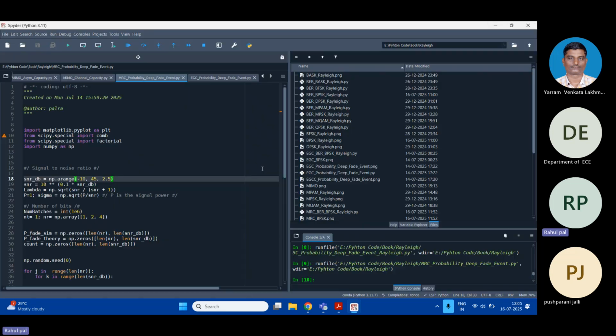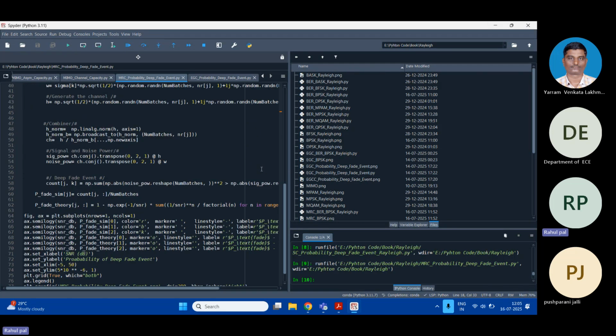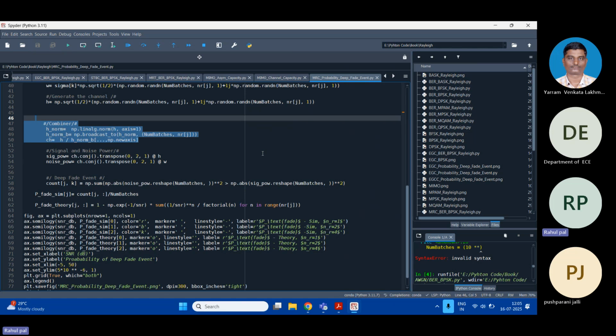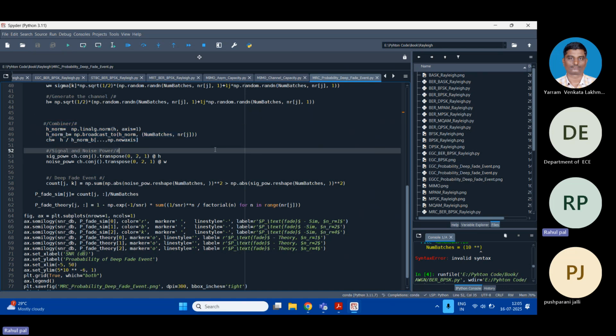So here also we have to calculate the noise power. So first of all, we have to calculate the noise power. So here you can see in the code, there is written combiner. So we have to calculate the combiner. Okay. After calculating the combiner, we have to combine the signals using the combiner. So here we are combining the signal.